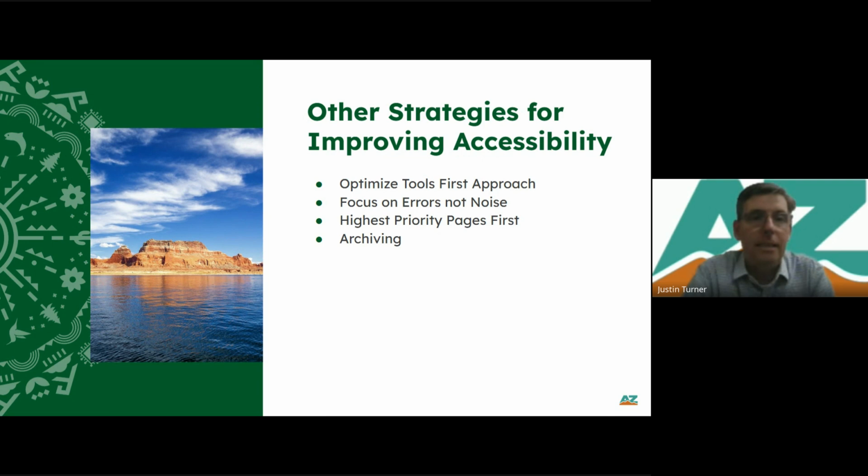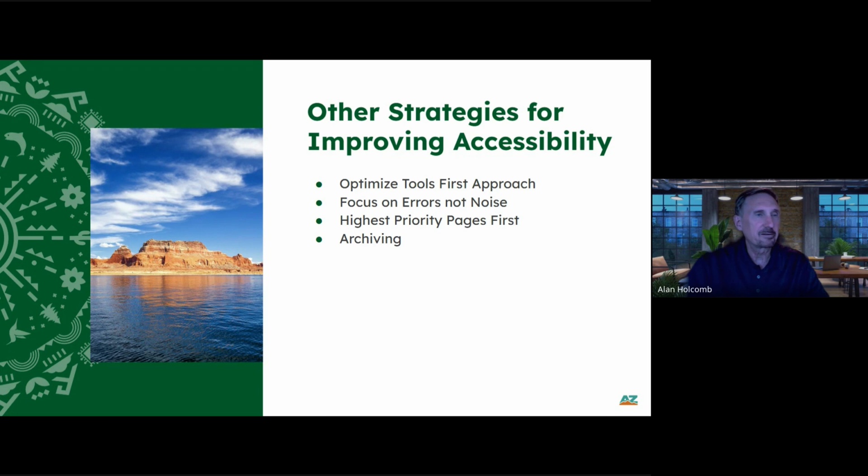Alan. All right. I want to follow up on what you said about chasing the score. And I think that's really important to remember. We're setting a target, right? And there is a statewide target of 85% accessibility.